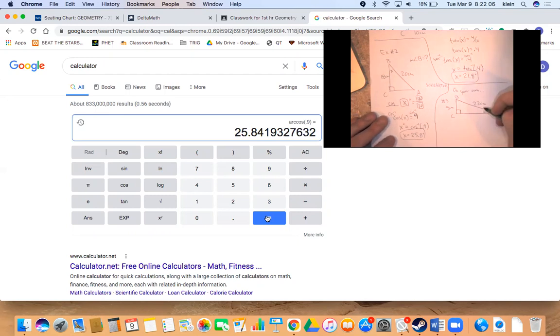Oh, that doesn't make sense. I'm sorry, we don't know this angle. Let's say 5 centimeters on this short leg and 22 centimeters on this hypotenuse. The question is, what is the measure of angle A? And also find the measure of angle B.